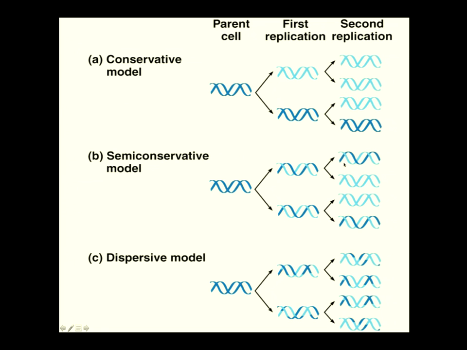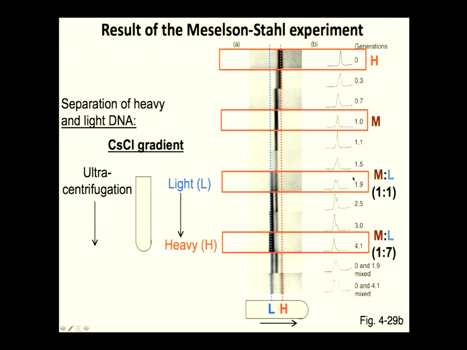You'll have the light, and you will have something that is in between the light and heavy. So at the end, they have some strand that only has the light nitrogen, and some strand that has both, the light and heavy.